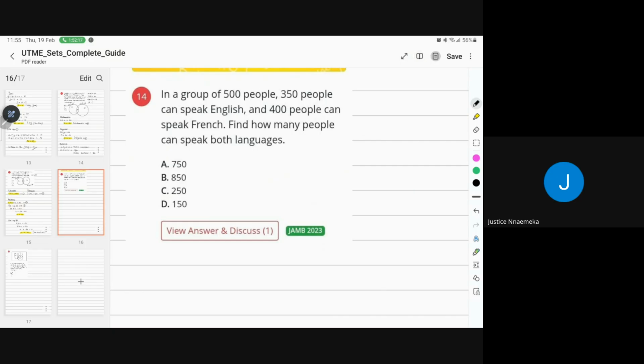So 500 people is the universal set. 350 can speak English, so n(English) is equal to 350. n(French) is equal to 400. We don't know how many speak both. Our universal is equal to 500.